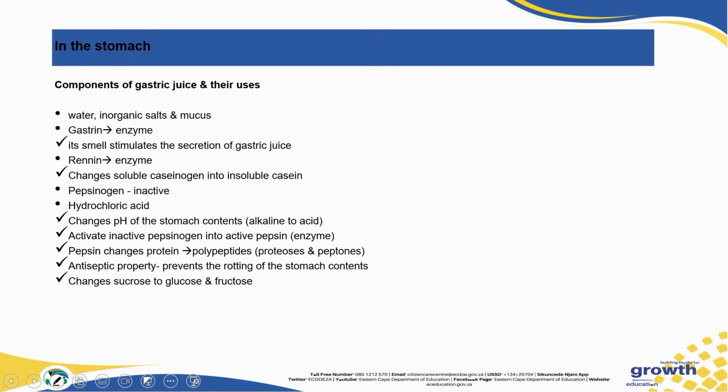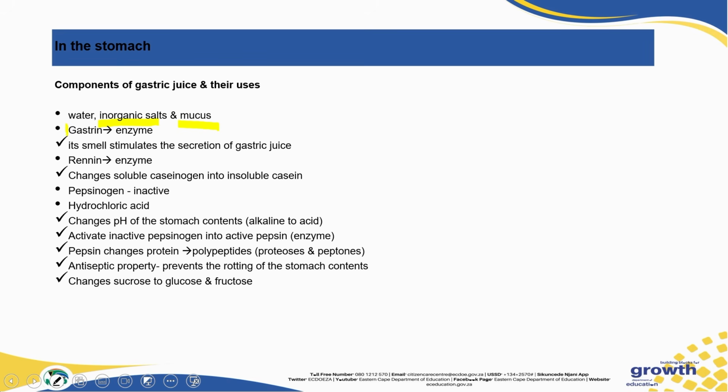Now let us look at the contents of the stomach, the gastric juice contents. The gastric juice has water in it. It has organic salts, also mucus. So also we have the gastrin enzyme in the stomach.